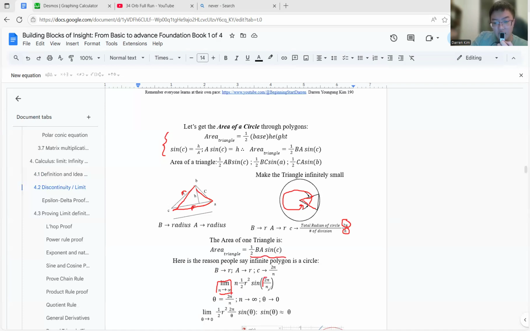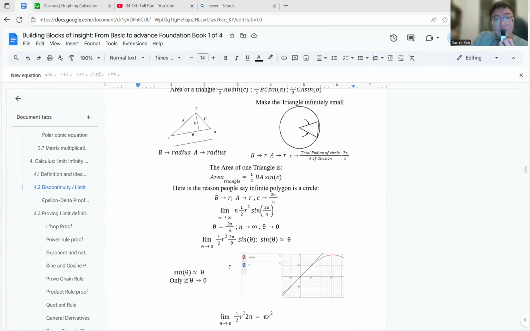We have the angle over here that we can just plug in, and then we have R and R. Oh, and we have n just because that's the number of times we divide it. So we have everything, and we take a limit of that. So here is the formula for a genuine circle, basically. This is a genuine circle.